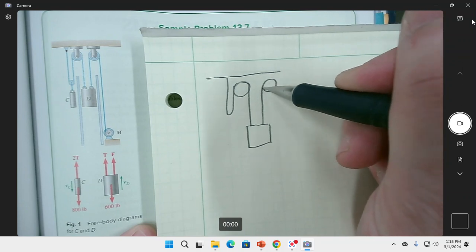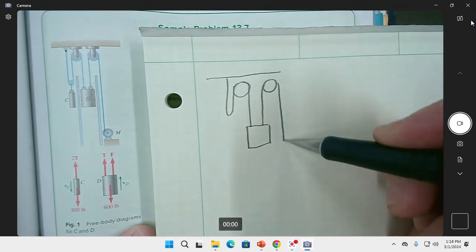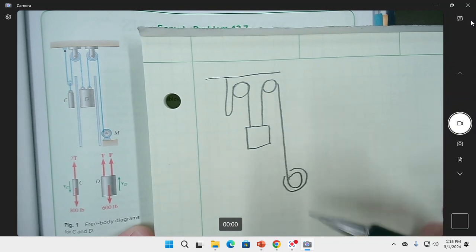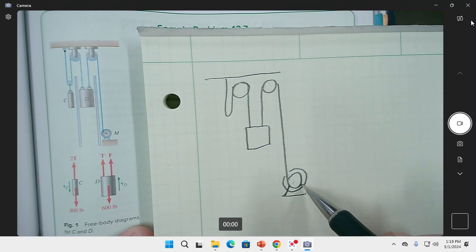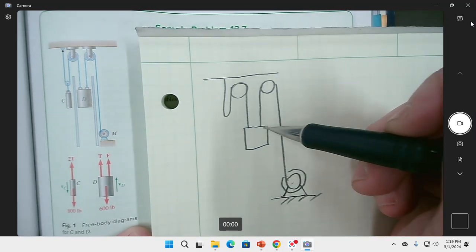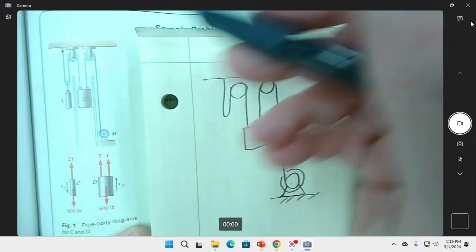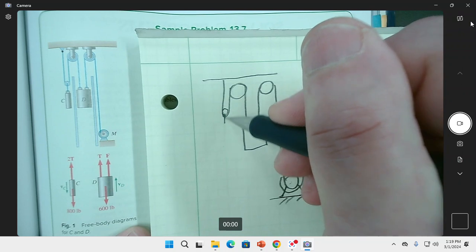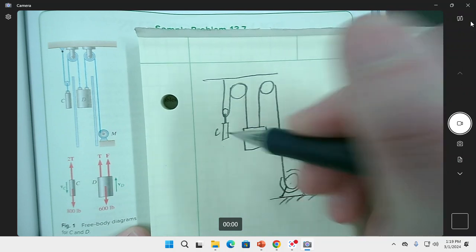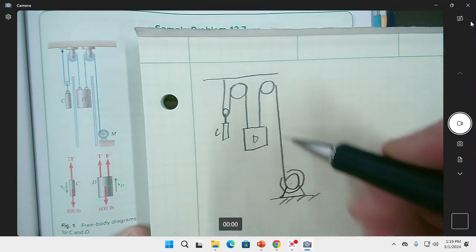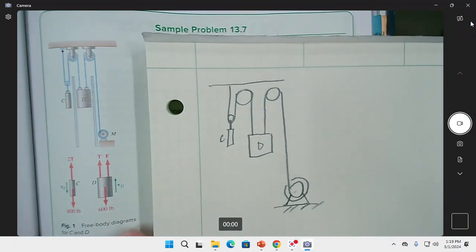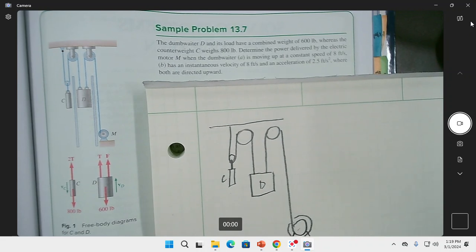And now, like that right there, there's our motor. I'm not sure why those things are there. They're kind of unnecessary, it looks to me. I should have put that guy in there. C, D, and let's see. Let's get some things going on here.